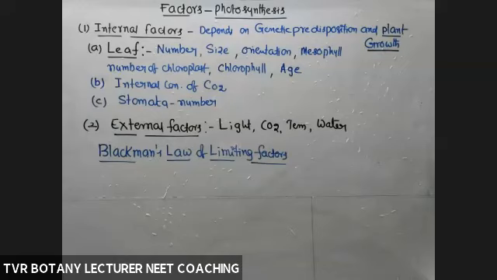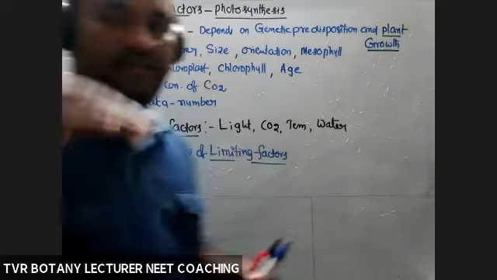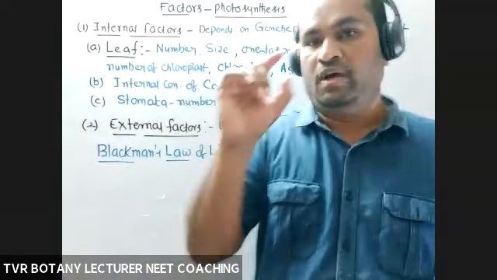If it is less than optimum, definitely less than the minimum value, less than the critical concentration, that is called a suboptimum level. Definitely the rate of the reaction will be very low.